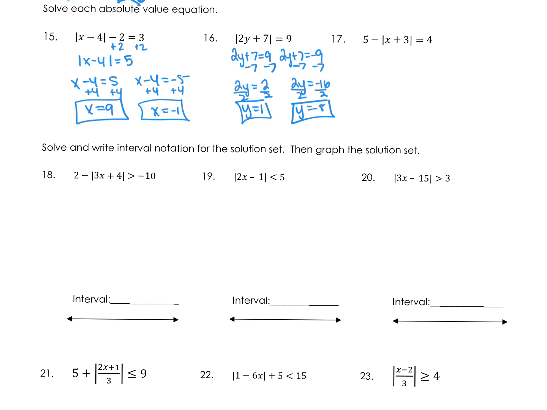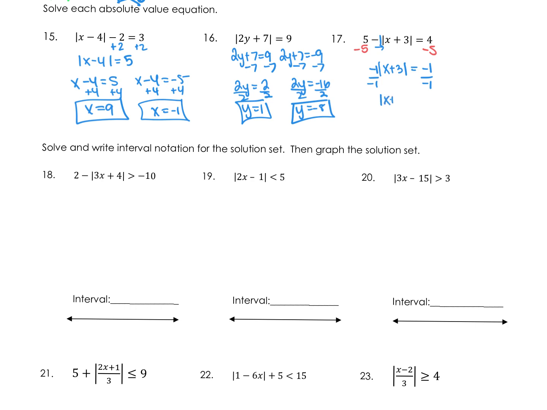Over here, we need to isolate our absolute value first. To get rid of the 5, it is a positive 5, so you do need to subtract 5 from both sides. But that's going to leave this negative here with the absolute value. So this will stay with the absolute value. It's like a negative 1 in the front. Then to get rid of that, remember it's like a little negative 1 in the front, so you just divide by negative 1.